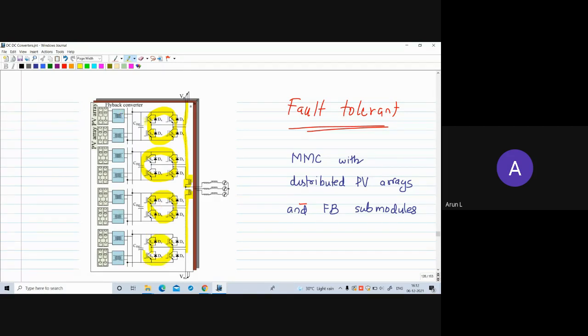So these submodules are getting power from the DC link. So the DC link is getting DC output voltage using a flyback converter. So what is a flyback converter? We have seen it in the beginning. So the flyback converter provides a galvanic isolation also between the PV panel and the DC link.